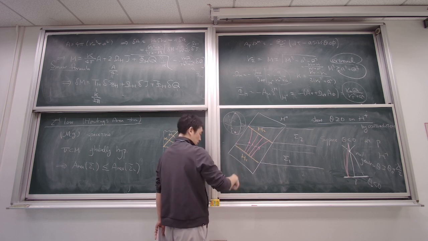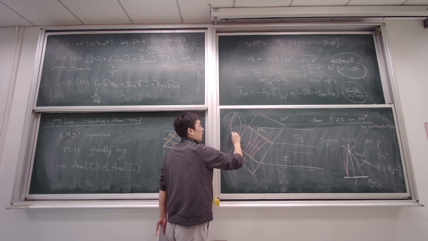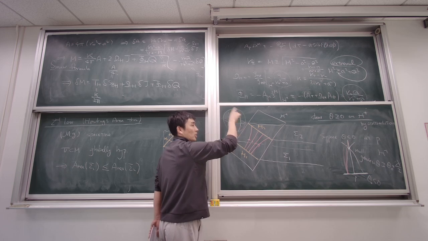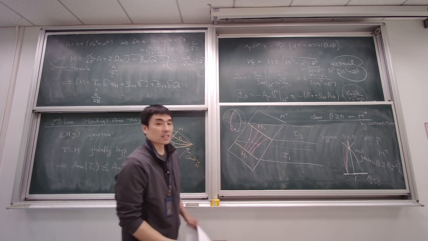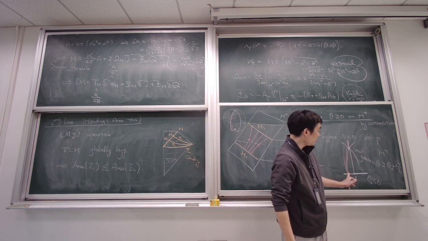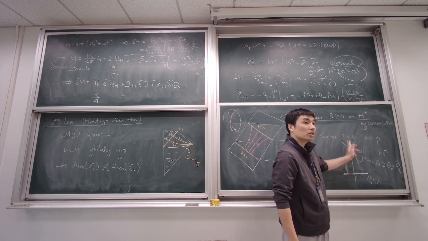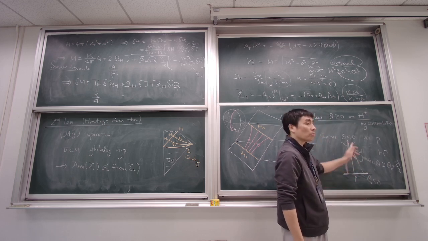There's a kink here, so you can always smooth it out by shortening the length. The same reason: if you have a focal point, after the focal point there must be a time-like curve which connects these two points.